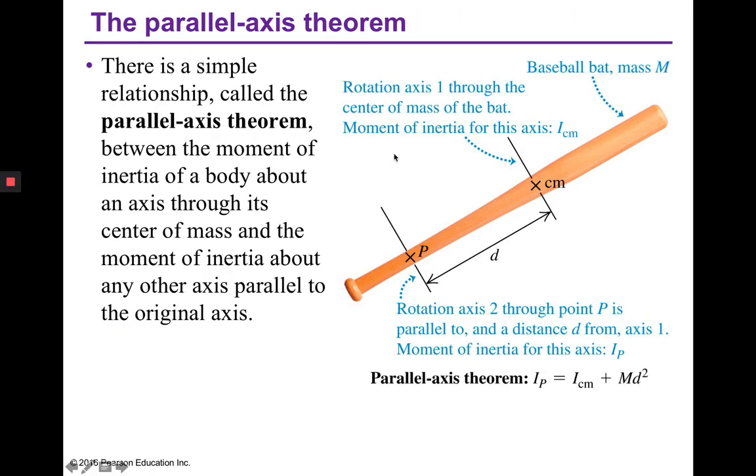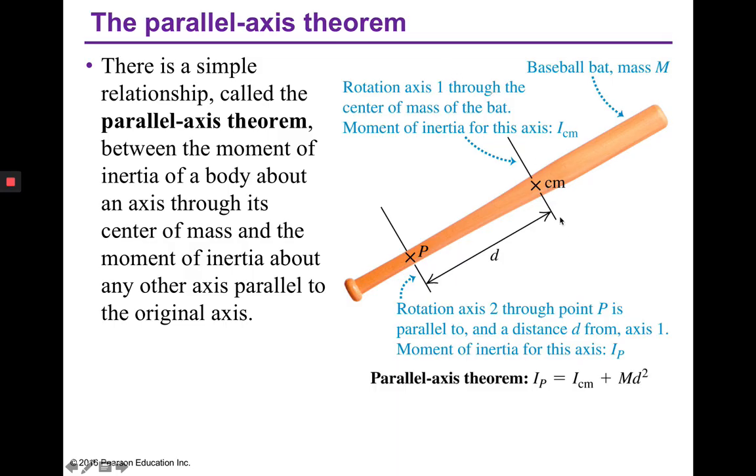The parallel axis theorem is a shortcut for getting a new moment of inertia from an old one. This says if you want your new moment of inertia, take your old one at the center of mass, and add to that the mass times the distance you moved your axis, squared. So here's the center of mass.